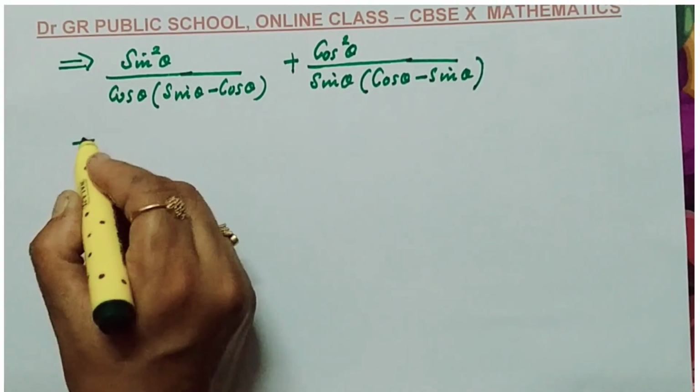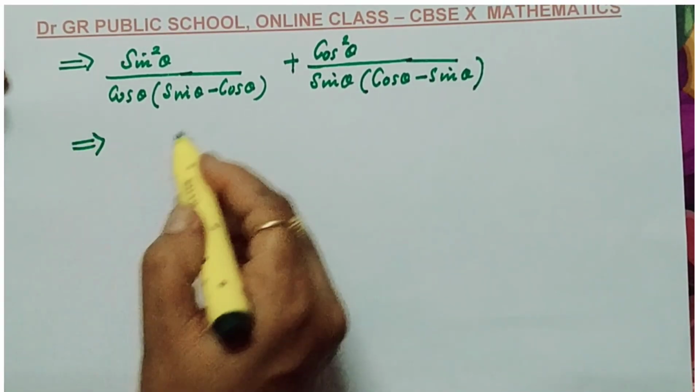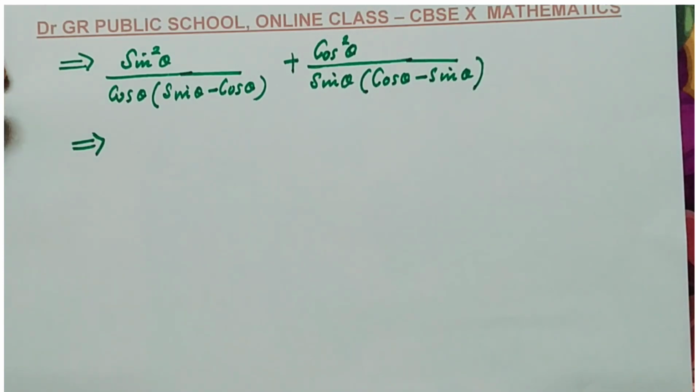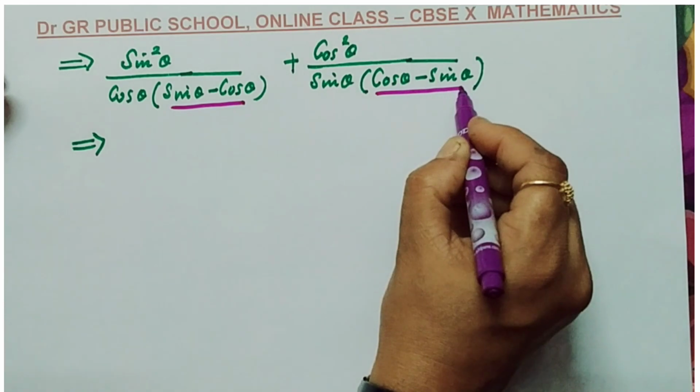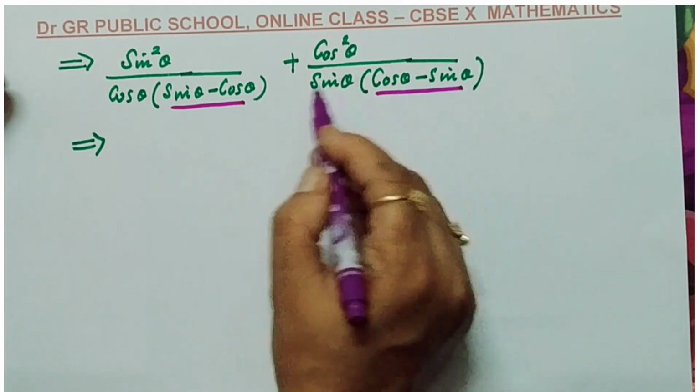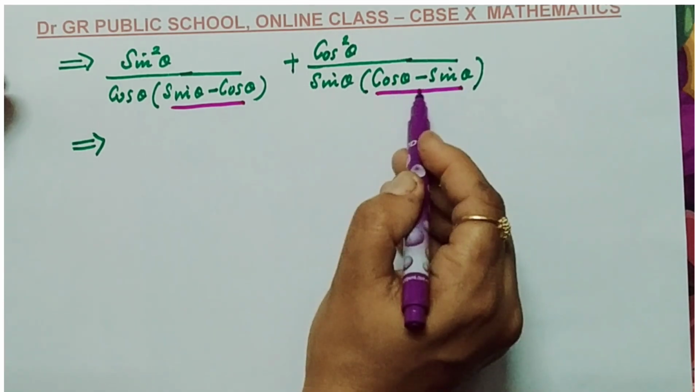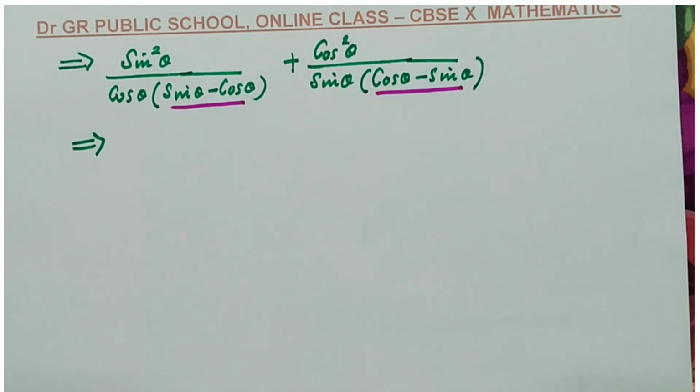Now you know that looking at these two brackets, sin theta minus cos theta, here cos theta minus sin theta. If you can take a minus sign outside, this also becomes sin theta minus cos theta. So that is the next step.